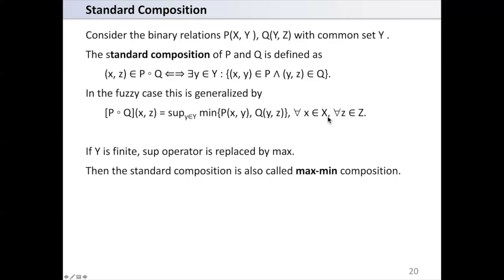This holds for every x in reference set X, and for every z in the reference set Z. If Y is finite, the supremum operator is replaced by the maximum. Then the standard composition is also called max-min composition.